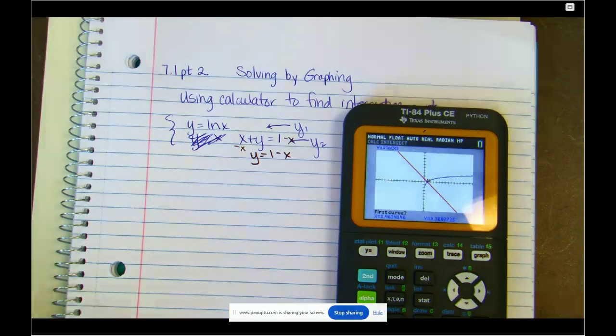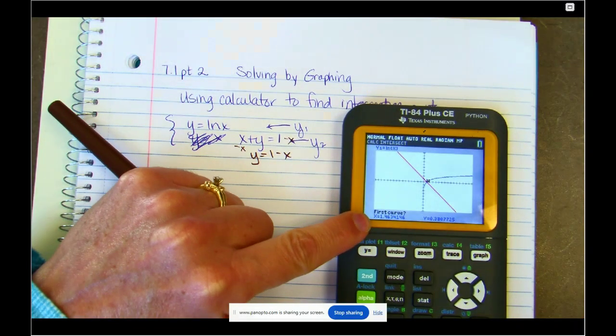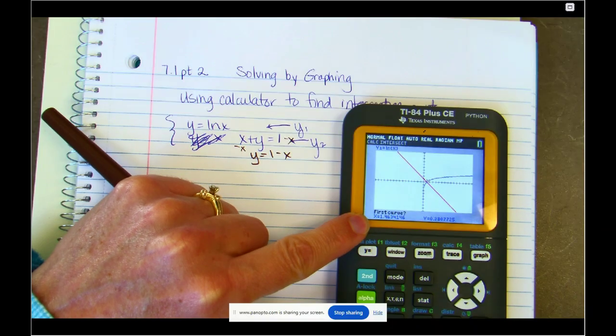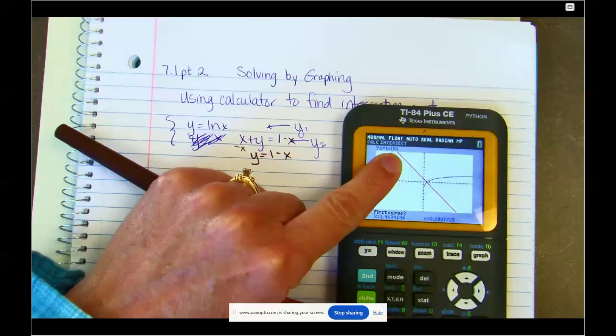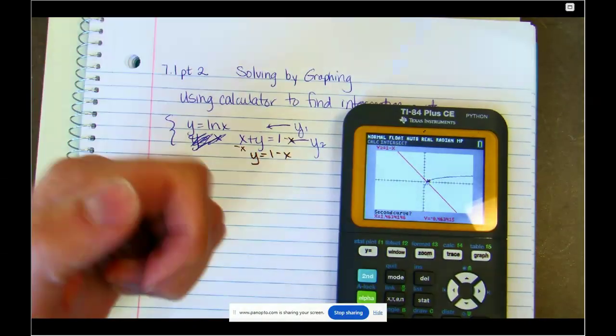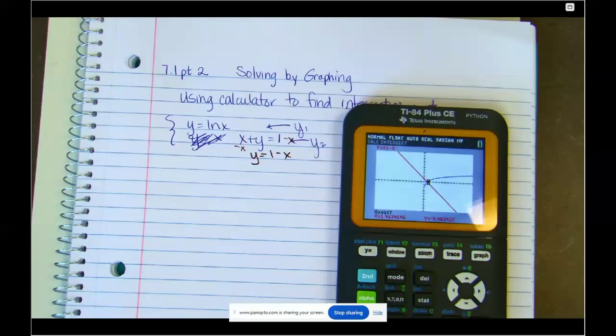But then once you're there, it asks you, is this the first curve? The reason it asks you that is because we will get into some situations where there's more than one line there. So, yep, we want the blue one. Up on the top, it tells you what it is, natural log of x. Then it jumps to the red one when you hit enter. Hit enter again. It does say guess, which seems pointless, but it's not.